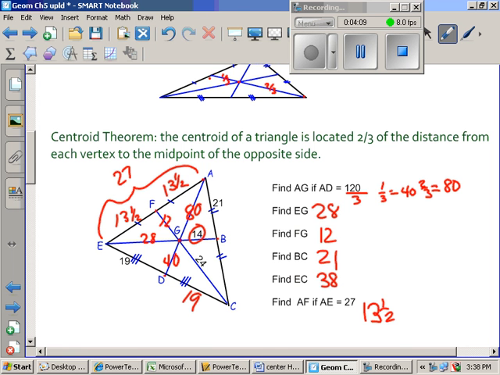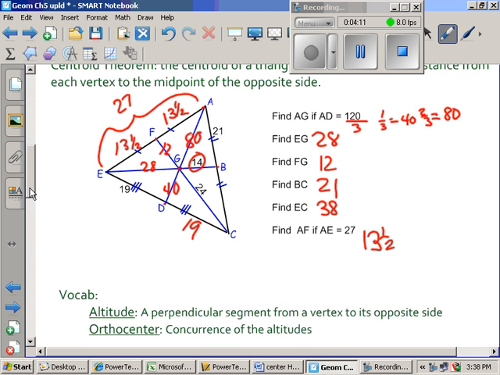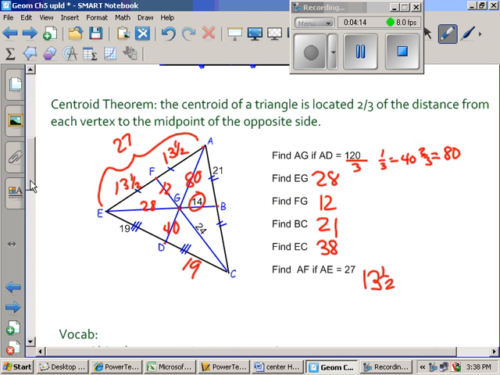Now, the centroid is useful because it is the exact balance center. If you've ever gone downtown and seen sculptures in the sculpture garden at the Ohio or the Columbus Art Museum, there are sculptures where a triangle is balanced on a little rock thing.